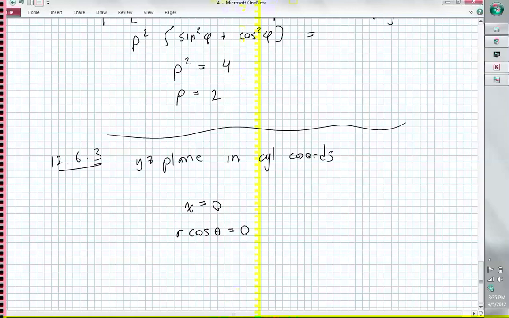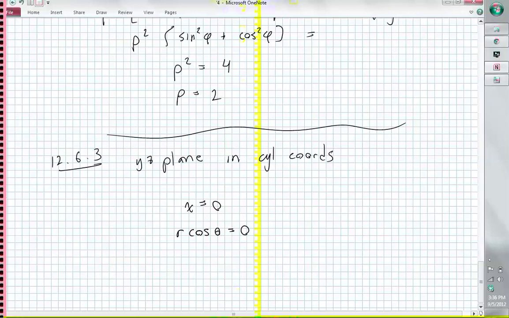However, we can actually simplify this a bit. Don't have to worry so much about r, because r might be 0, but it's mostly not 0.